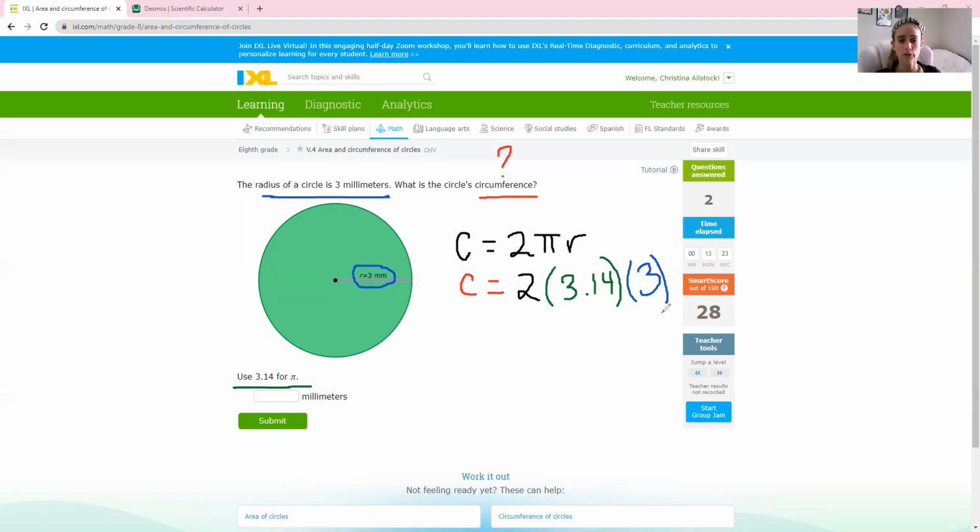Once again, we do want to follow order of operations. However, notice we only have one operation. It's pure multiplication. When this happens, we are allowed to multiply all at once. We are allowed to go to that calculator and type in the entire thing since it's all one operation. It's all multiplication. So we have 2 times 3.14 times 3. I'll show you guys the calculator one more time.